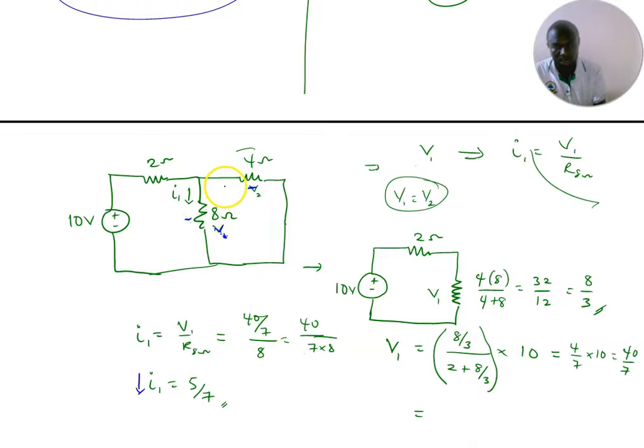If I combine these two resistors, combining them does not change the voltage value. So once the voltage value is the same, I can apply current division to get the voltage at this point. So getting the voltage at this point, I can just divide it by the resistance to get my current.